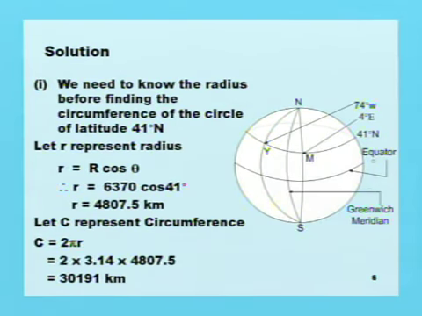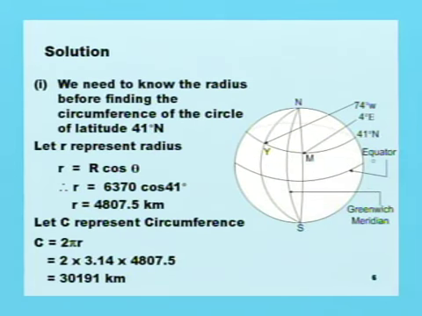So we'll have the formula which we derived earlier as little r is equal to big R cos the angle of latitude, which is equal to 6,370 cos 41 degrees. And when we put these values in the calculator, we'll discover that little r is 4,807.5 kilometers. That is, the radius of the circle at latitude 41 degrees north is 4,807.5 kilometers.